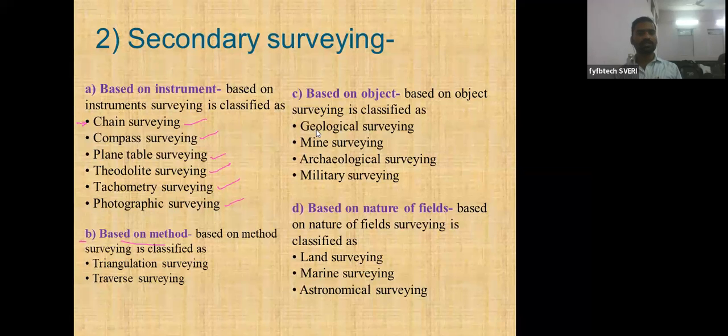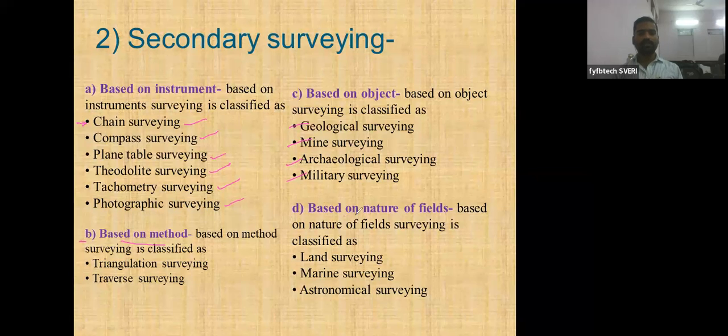First one, geological surveying. Next, mine surveying. Then archaeological surveying. Then military surveying.